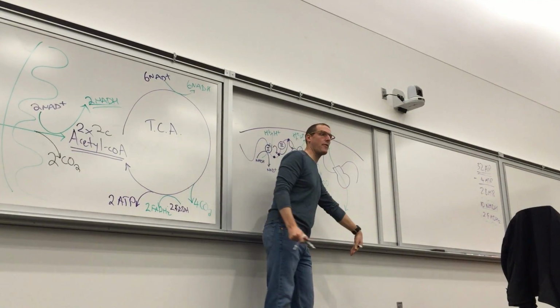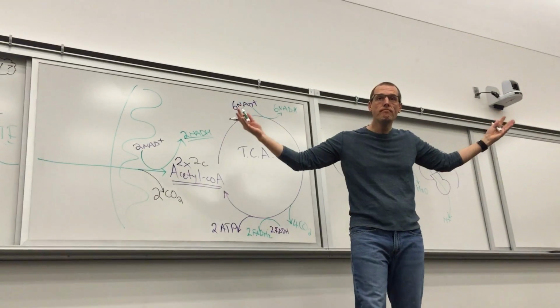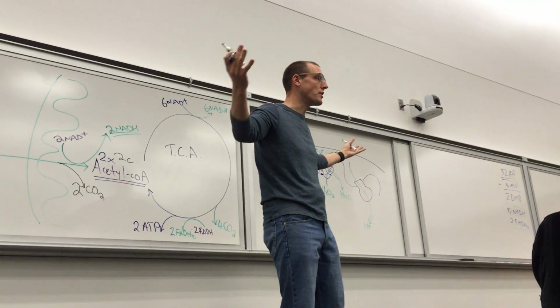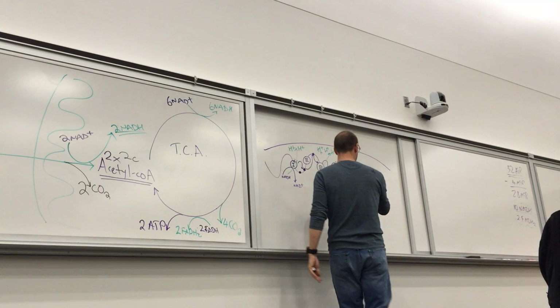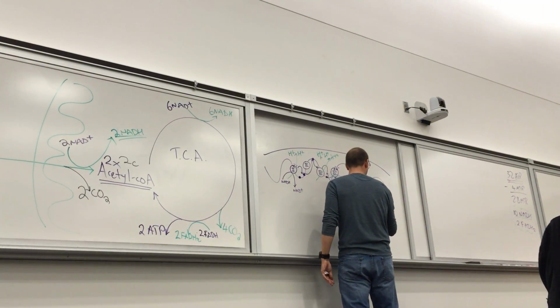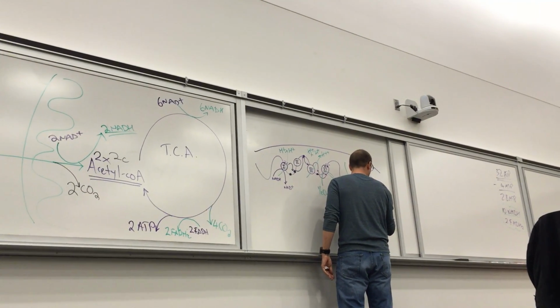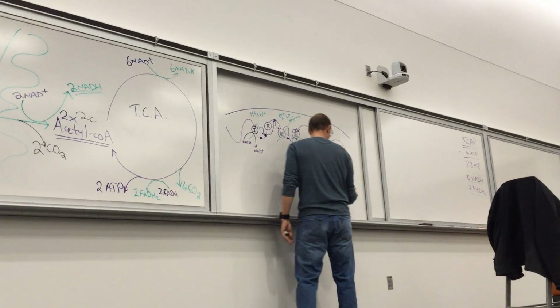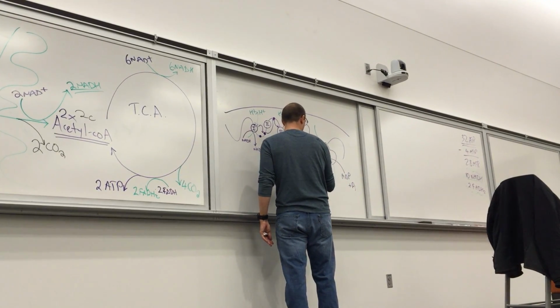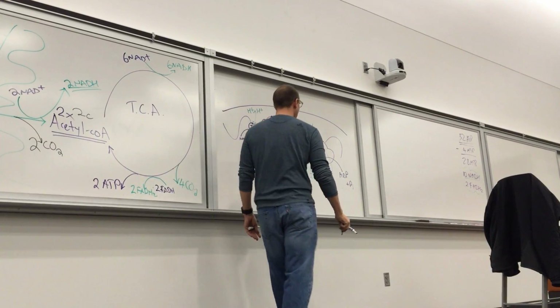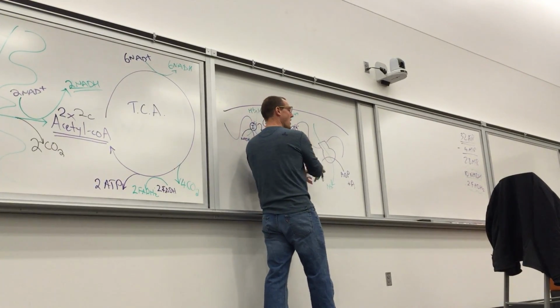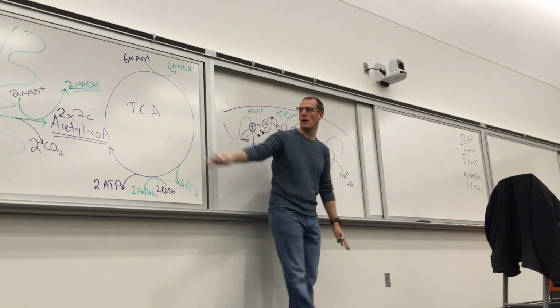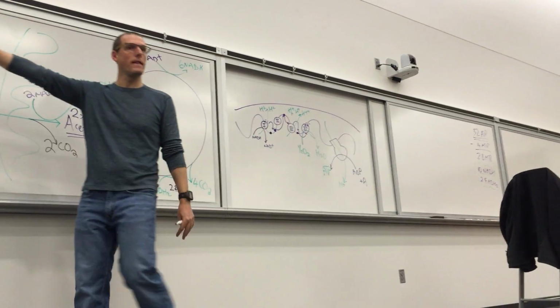When things flow down their gradient, there's a release of energy. That energy is used to take an ADP and a phosphate, and it makes ATP. This is where you get the other 28 per molecule of glucose.